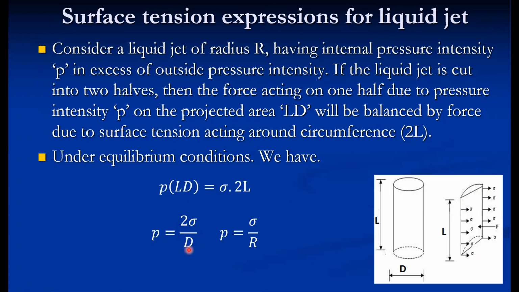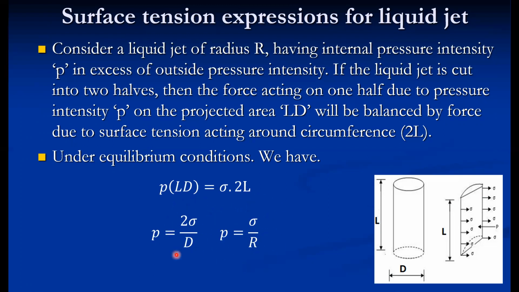The expressions are essential for solving problems. So for a liquid jet, P is equal to sigma by R. For a liquid droplet, it is 2 sigma by R, and 4 sigma by R for a soap bubble.